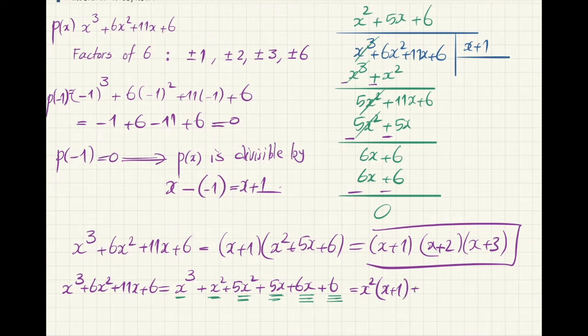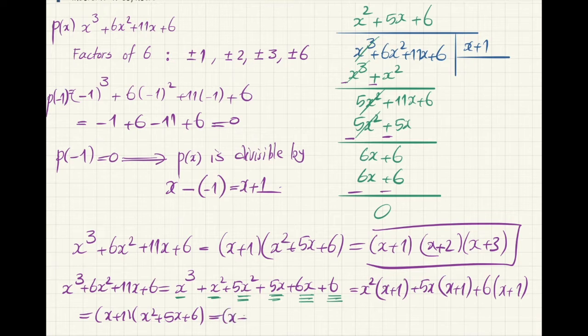I factor 5x from the second group, it gives me again x plus 1. And finally I factor 6 out from the third group, it gives me x plus 1. So this is indeed successful. Yes. And then you see immediately I can factor it out. It becomes x squared plus 5x plus 6. And then as you know it, immediately you can write x plus 2, x plus 3.